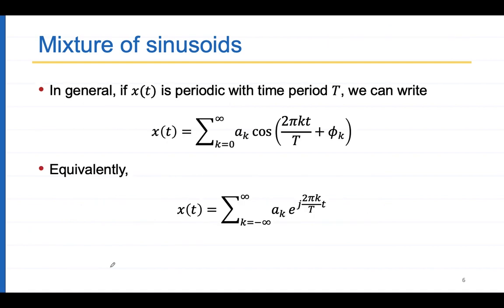Now we saw that x(t) can be represented as cos of 2πf_c t, but now I want to introduce the notion of complex numbers. So, complex representation of sinusoids.